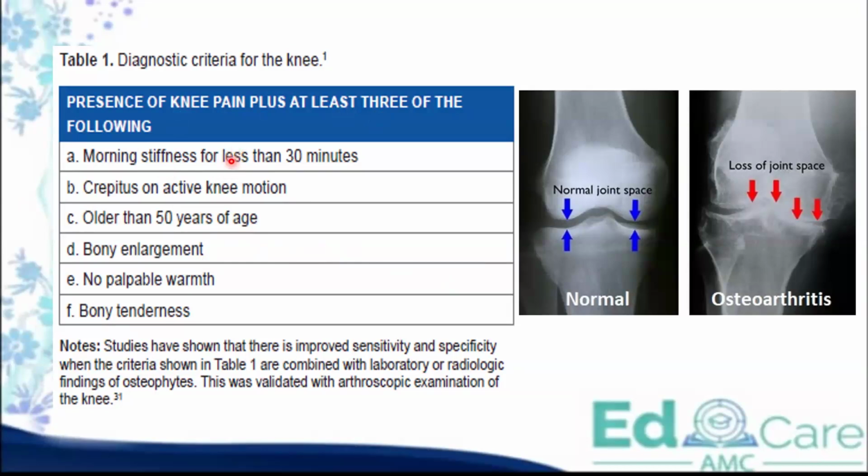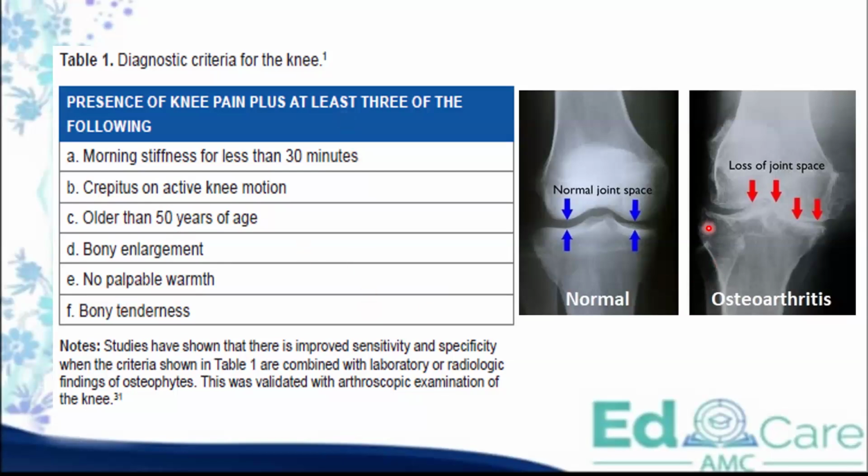So when you start moving or exercising, the pain goes off, right? Crepitus when moving the knee, right? So when you palpate, you'll feel crepitations. Age over 50 years, bony enlargement, no warmth, but you get a tenderness, right? So this is for osteoarthritis of the knee joint.